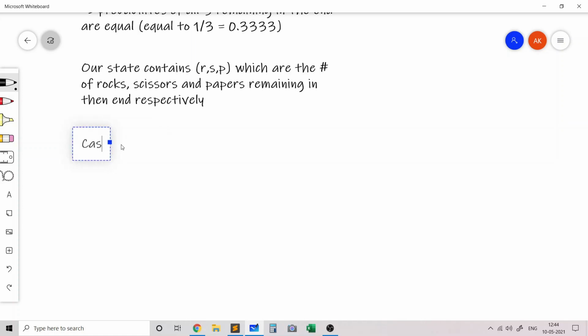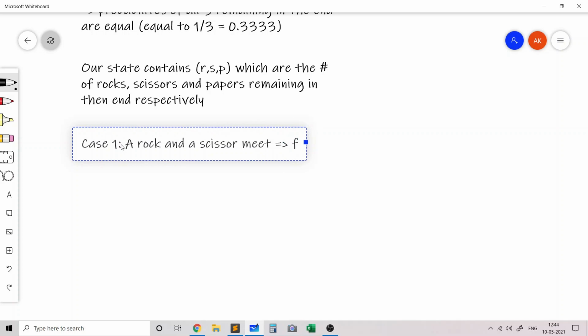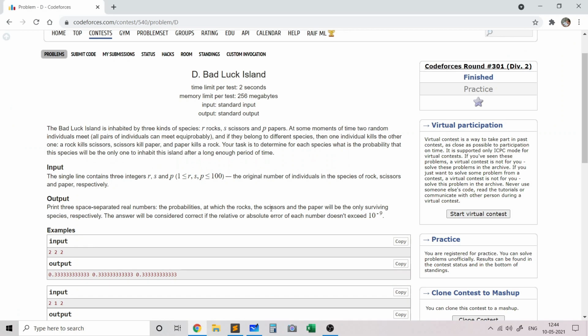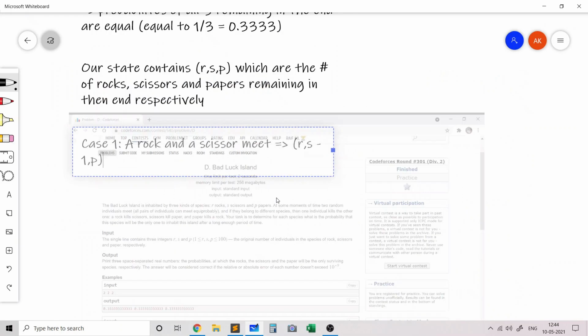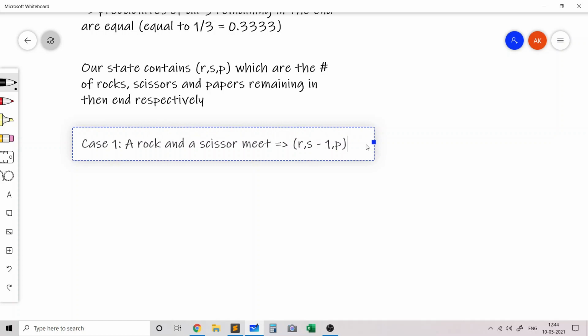First case is that a rock and a scissor would meet. This implies that the new state would be R, S minus 1 and P, because a rock would kill a scissor, so there would be one less scissor.